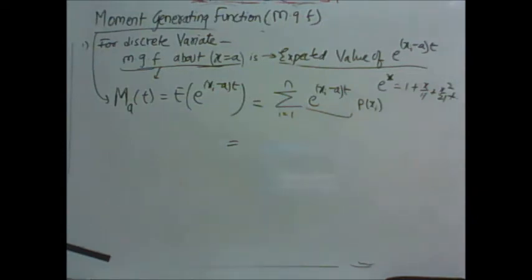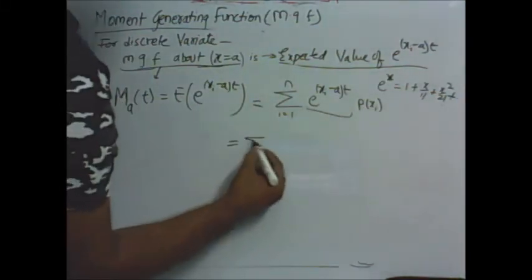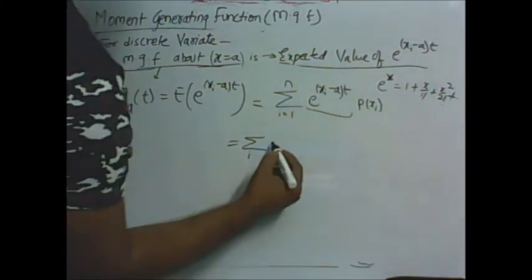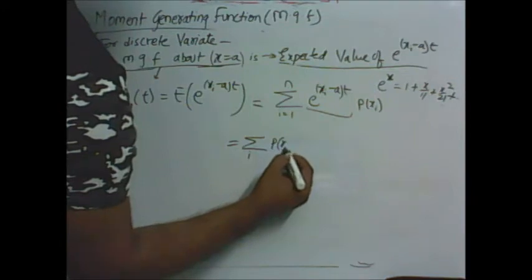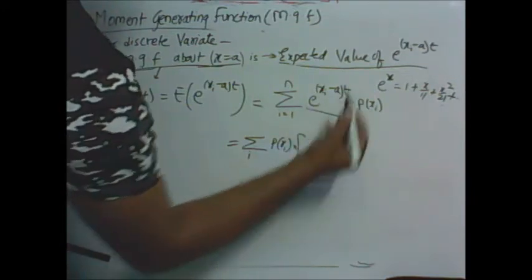So we have to recall that formula from intermediate level. Similarly, here its expansion, with p of xi multiplied, we will expand e power xi minus a into t.